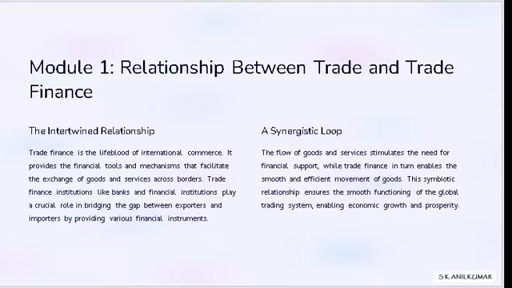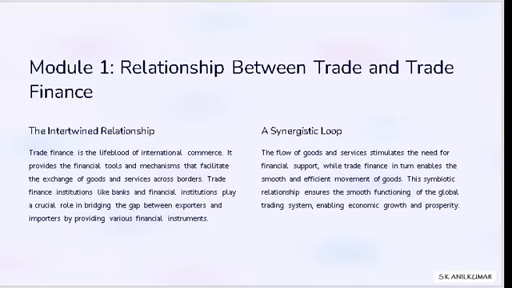So the overall commerce runs as a well-oiled machinery only with the help of financial institutions providing trade finance. The institutions have various instruments and services that play a crucial role in bridging the gap and mitigating the risks between the buyer and seller, the importer and exporter.